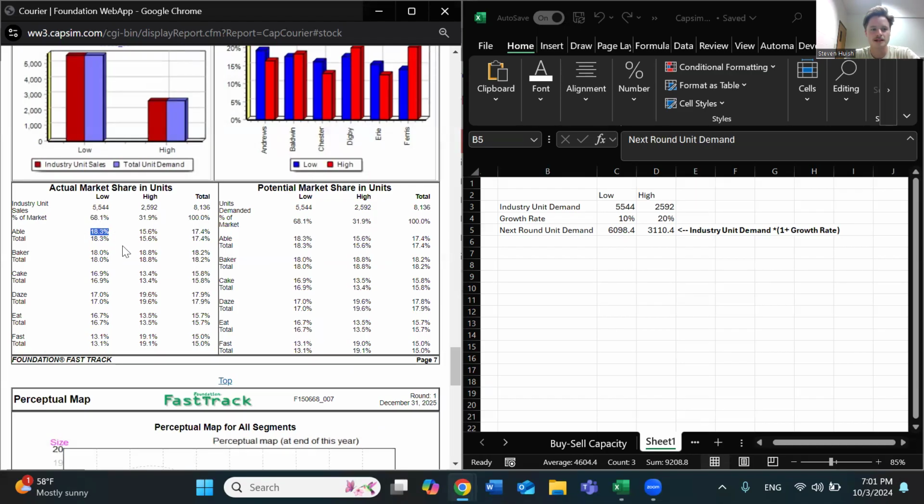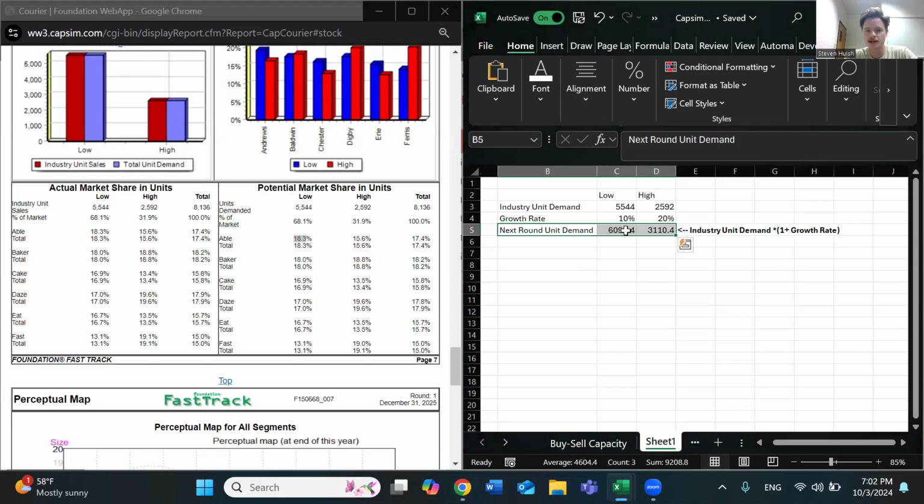So if you over forecast, you can still use your potential market share to forecast based on that. And so we can see 5,000 people in low tech. I took 18% of those 5,000 people. And so you can use this with this nice little next round unit demand calculator that I showed you guys how to make, and you can use this to calculate exactly how many units you're going to make, give or take.